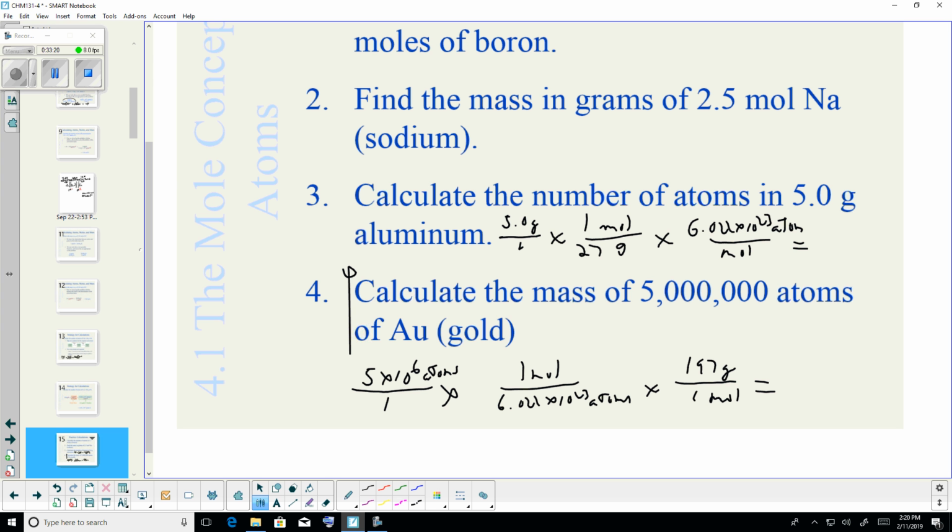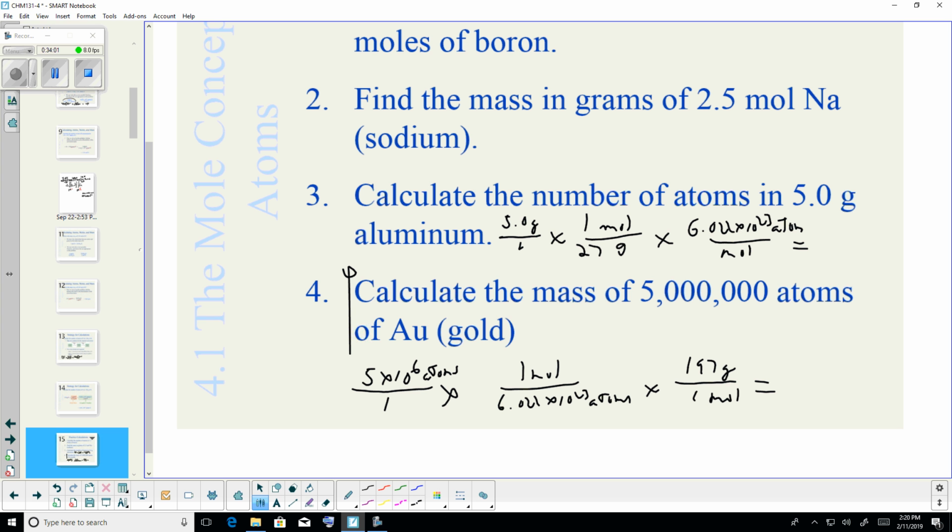Okay. Let's do it across the top first. 5 million times 197 is equal to 9.85 times 10 to the 8th.